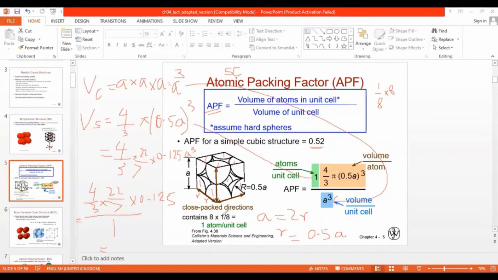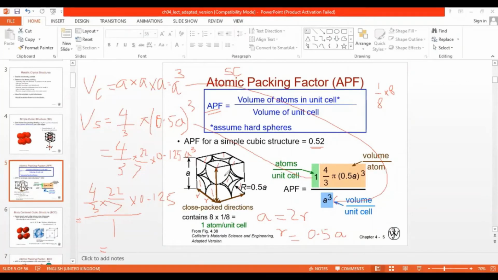Close pack directions contains 8 into 1 by 8. So this 8 into 1 by 8, we have 1, 2, 3, 4, 5, 6, 7, 8 atoms, right? 8 atoms. They are not total full atoms, and 1 by 8 of each atom is actually incorporated here.